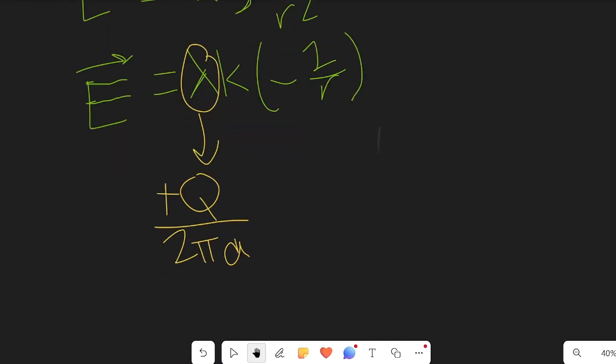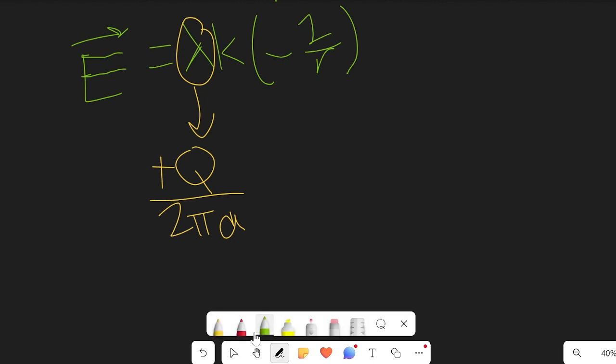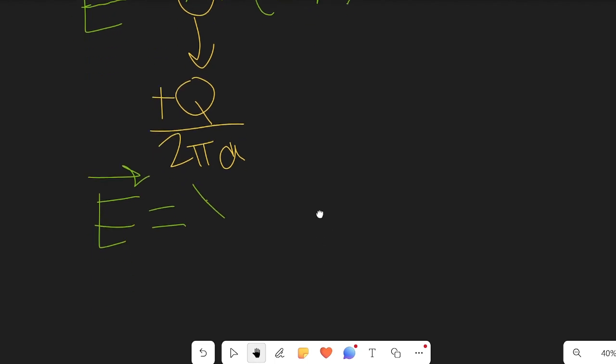So for that, we can simply plug that in, right? E will be equal to, no, there's no lambda.